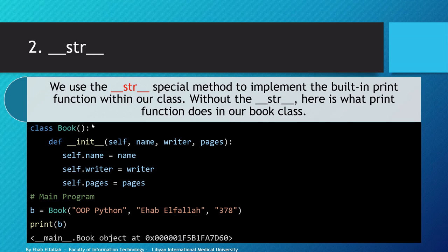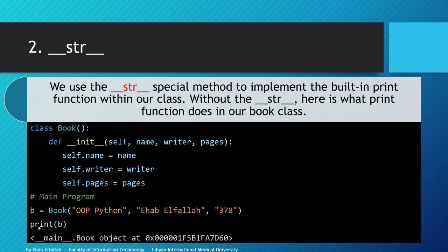For example, if you have the same Book class that consists of three attributes and one defined special method, which is init, and we create an object from this class and just print it, the result will be something like "__main__.Book object at" followed by a number. It will print that b is an object of Book, because this is the default behavior of print in Python.